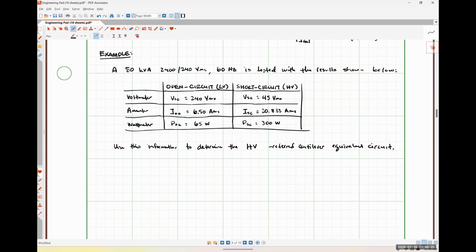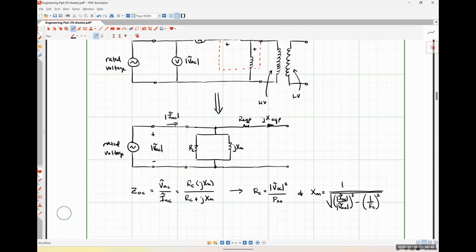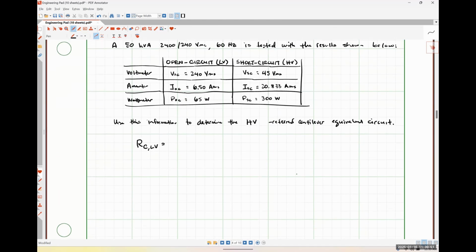Okay, so let's start with the results of our open circuit test first, okay? So the core resistance referred to the low voltage side. We go back to our relationships up here, is literally just going to be whatever voltage we measured on the low voltage side squared, divided by whatever power we measured on the low voltage side, right?